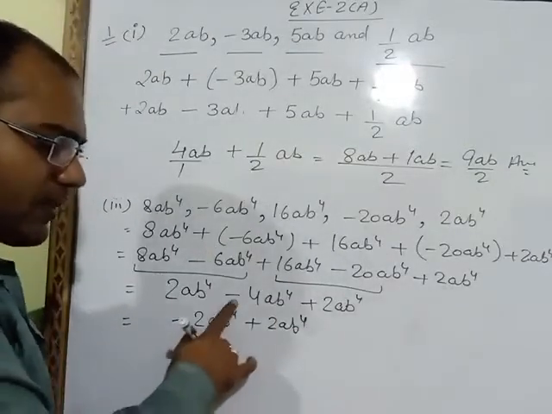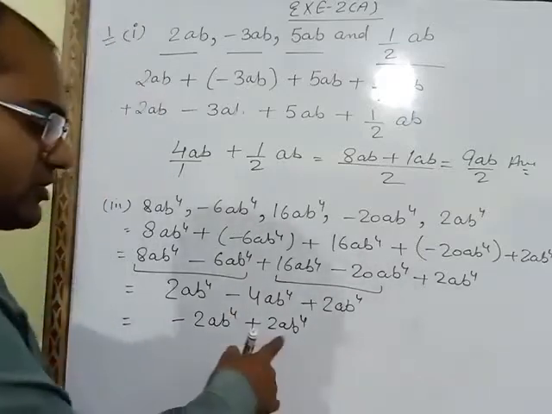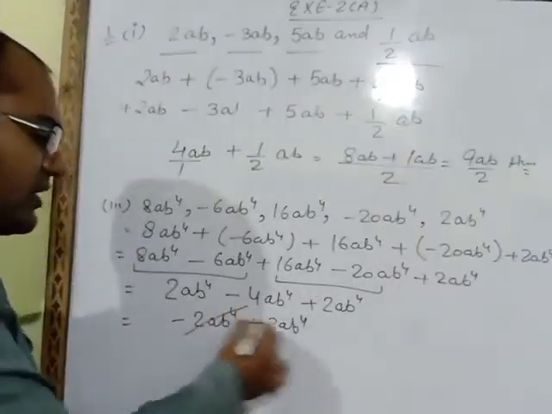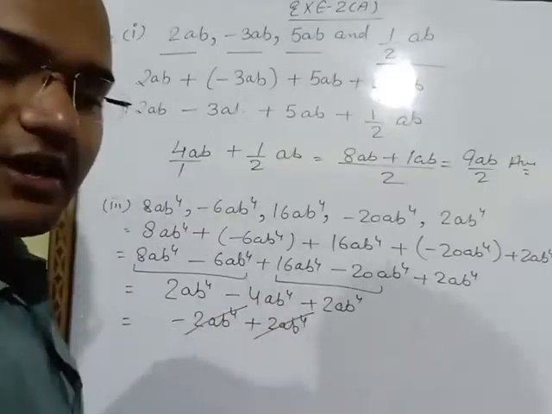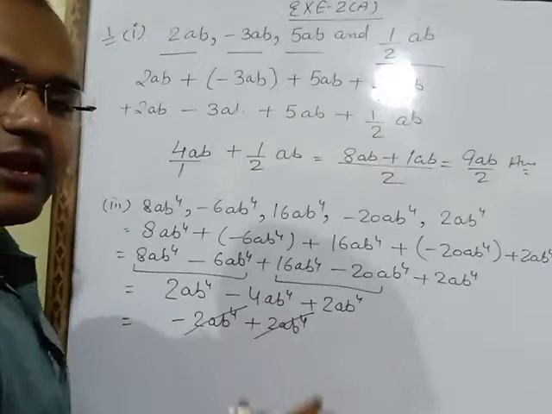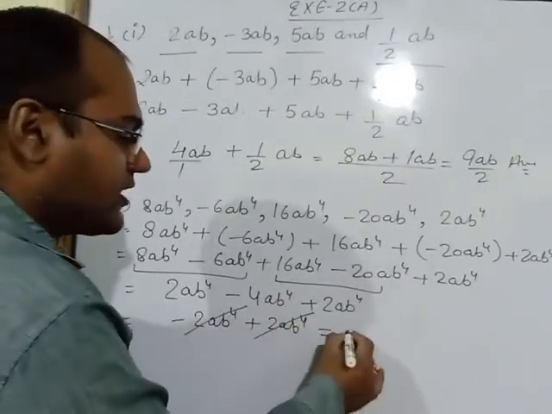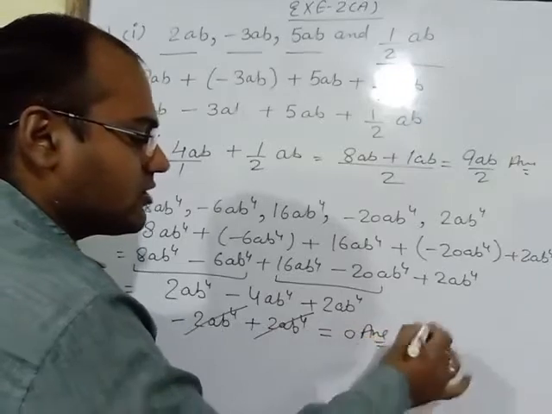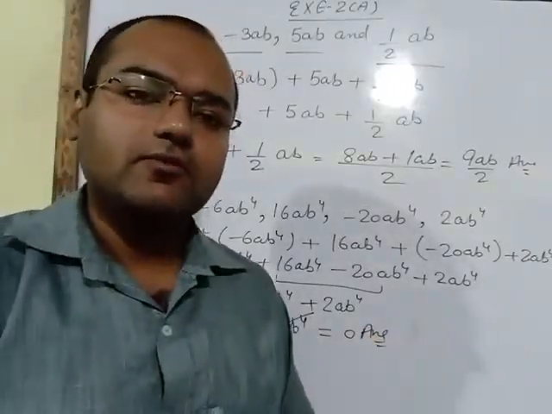This is 2ab power 4, this is also 2ab power 4, but here it is positive and here it is negative. So we can cancel these two. Whenever digits and numbers are the same but signs are opposite, you cancel them and the final answer will be 0. So like this you have to do all the remaining parts of question number first.